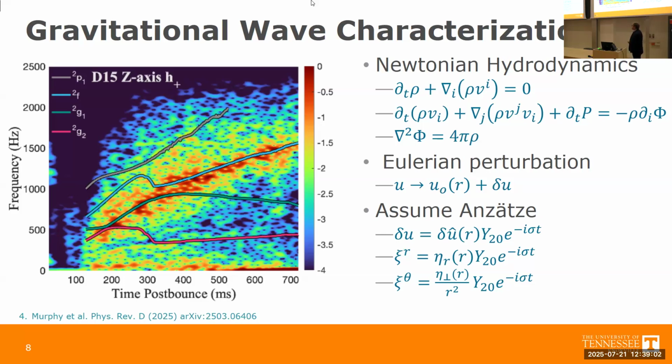But what we see here on the left, these are the oscillation mode frequencies and their evolution in time. And the different colors correspond to different mode labels. So just like we spoke about before, the magenta and green colors are G modes, and then the blue color is an F mode.